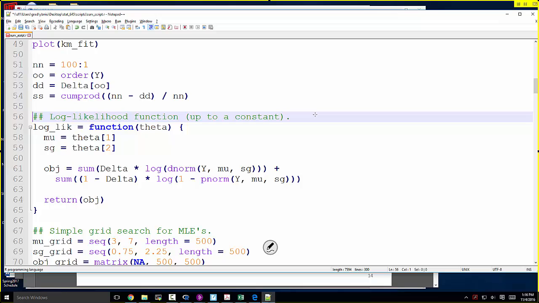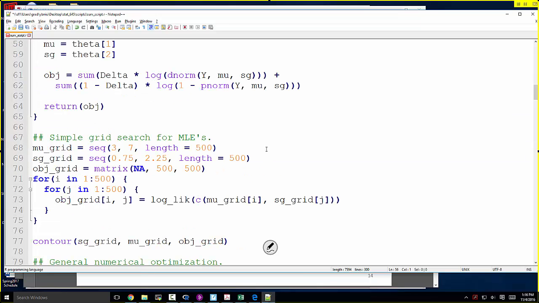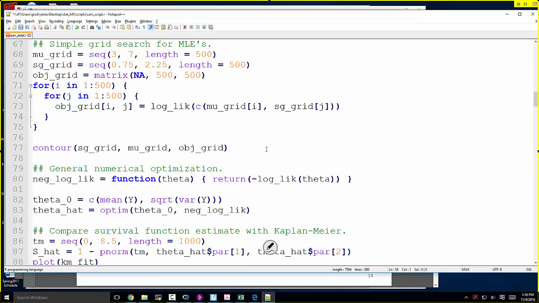And what I'm going to do is a couple of things. In your homework, you're going to do optimization using this function called optim. Let's look at the help file for optim real quick.